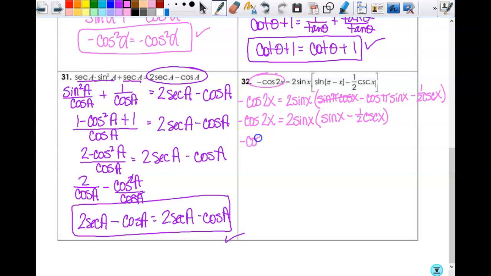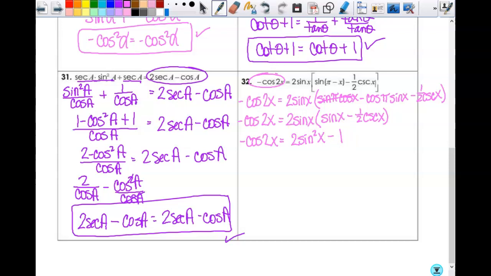Rewrite this. Negative cosine of 2x equals, so then I'm going to distribute 2 times sine x times sine x is 2 sine squared x. 2 times a negative 1/2 is negative 1, and then sine times cosecant is 1.